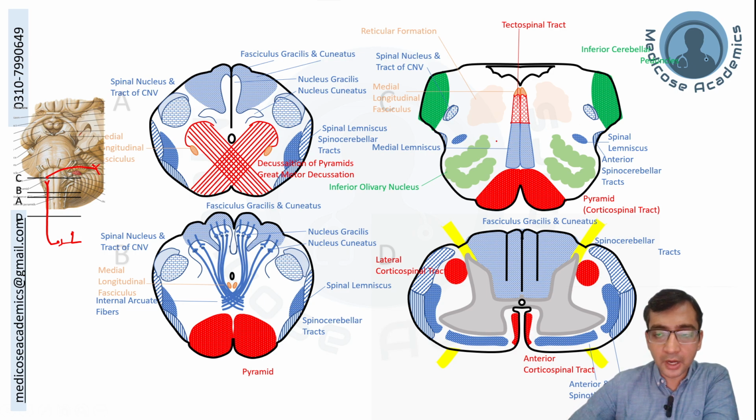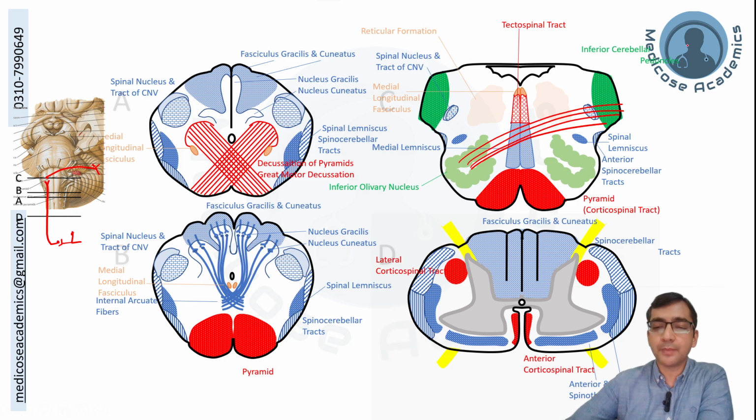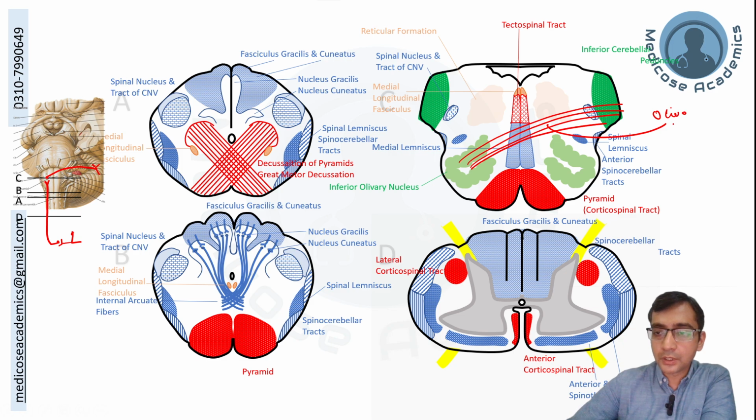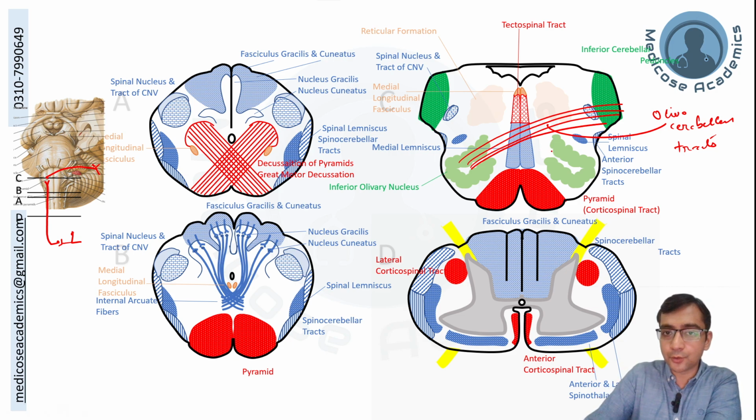I have not drawn these fibers, but here the axons exit like this, and they go through the inferior cerebellar peduncle to the cerebellum. So these are the olivocerebellar tracts, fibers. And of course it will be true for the other direction too.